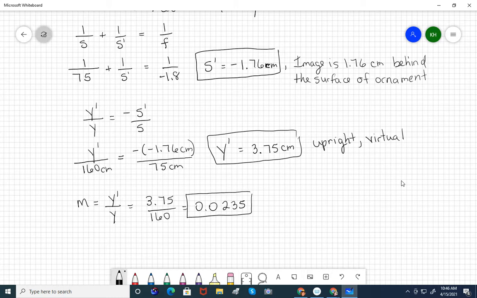If you think about it, here's Santa, kind of chubby, and here's the ornament. He looks and sees a little teeny tiny version of himself inside the ornament. He's standing 75 centimeters in front of the ornament, but he sees a little bitty image of himself that's 1.76 centimeters behind the ornament.